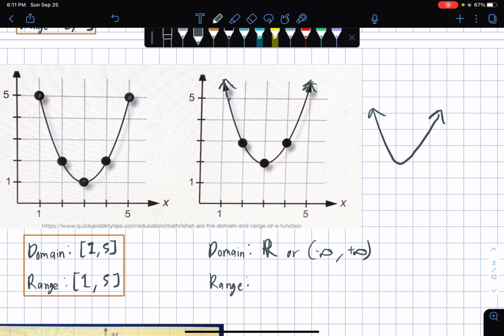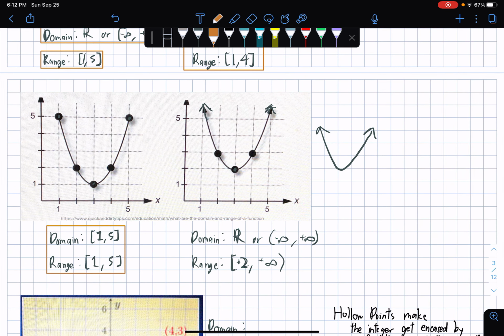Right, for finding the range, this is the very south, which is basically positive 2, but then it extends all the way to the top, so there is no point of limit, so this is positive infinity. Of course, encase it with the parenthesis, encase constants with bracket under normal circumstances.